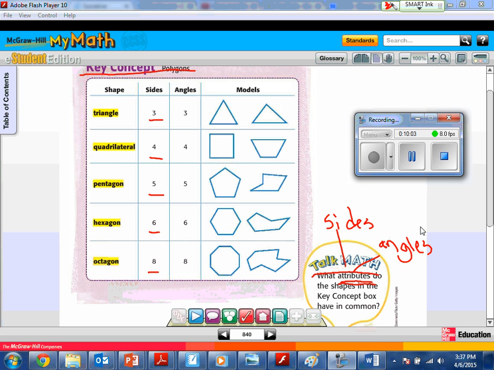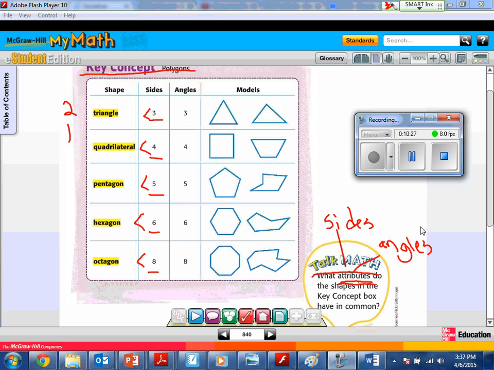They're all greater than what number? Think to yourself. If you said the number 2 or even 1, you would be correct. All of these numbers are greater than 2 because you have to have 3 or more sides to make a polygon.